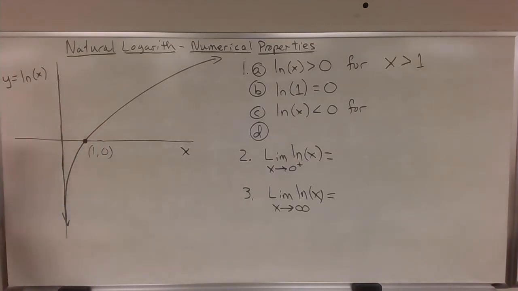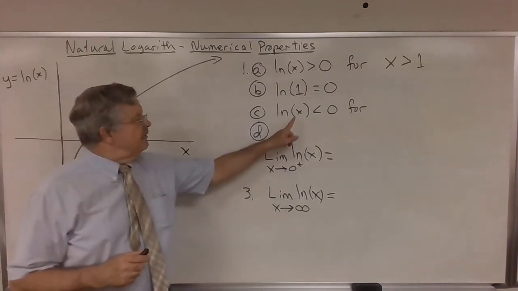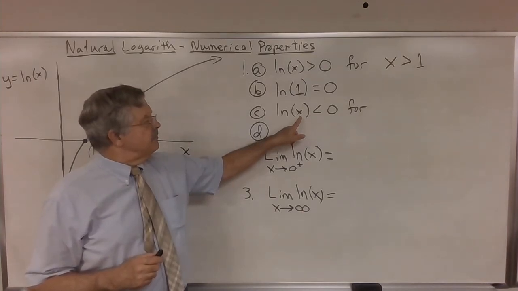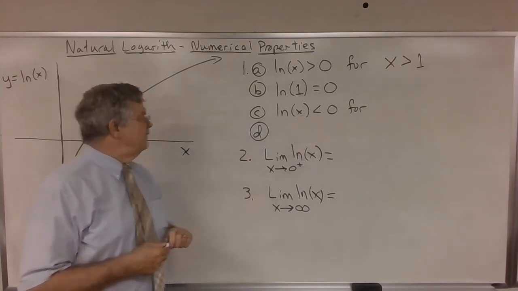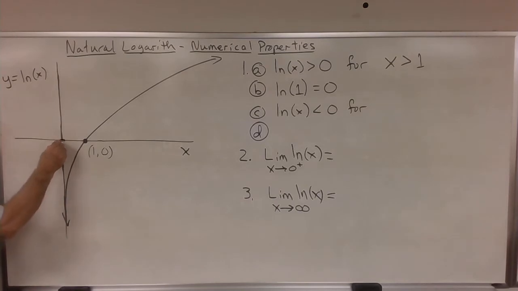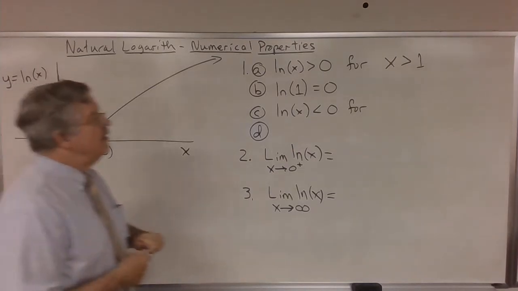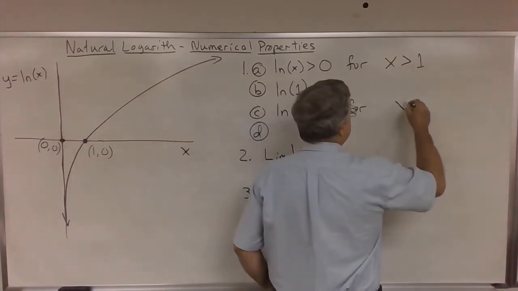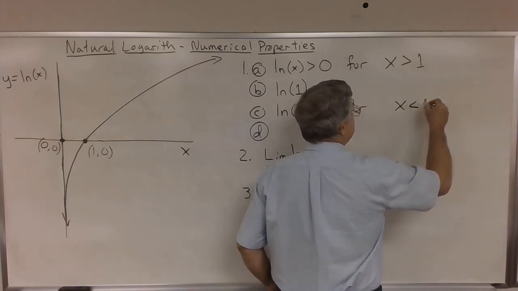Now, for what values of x is the natural log of x negative? And a function is negative wherever its graph drops below the x-axis. And that's to the left of x equals 1. So in other words, when x is less than 1.